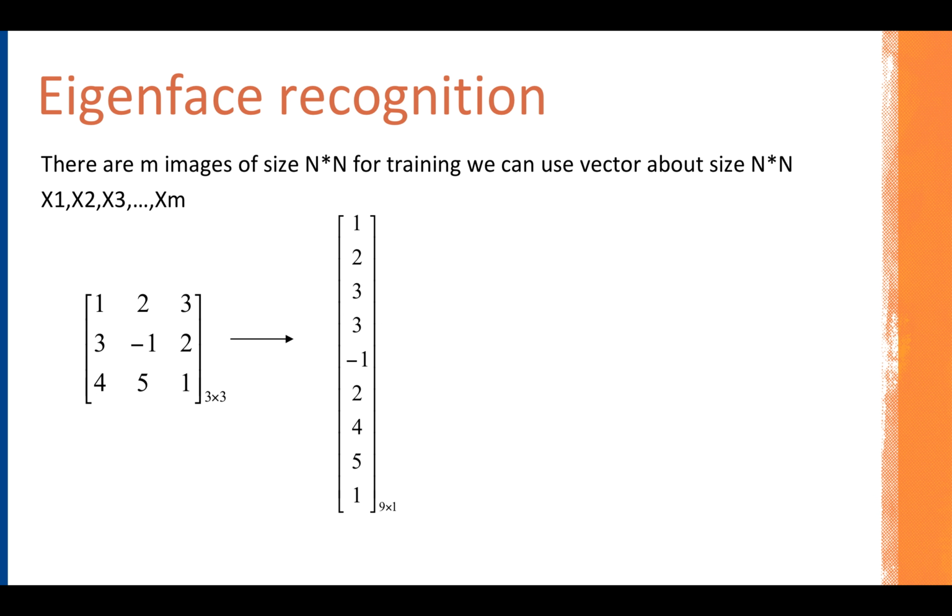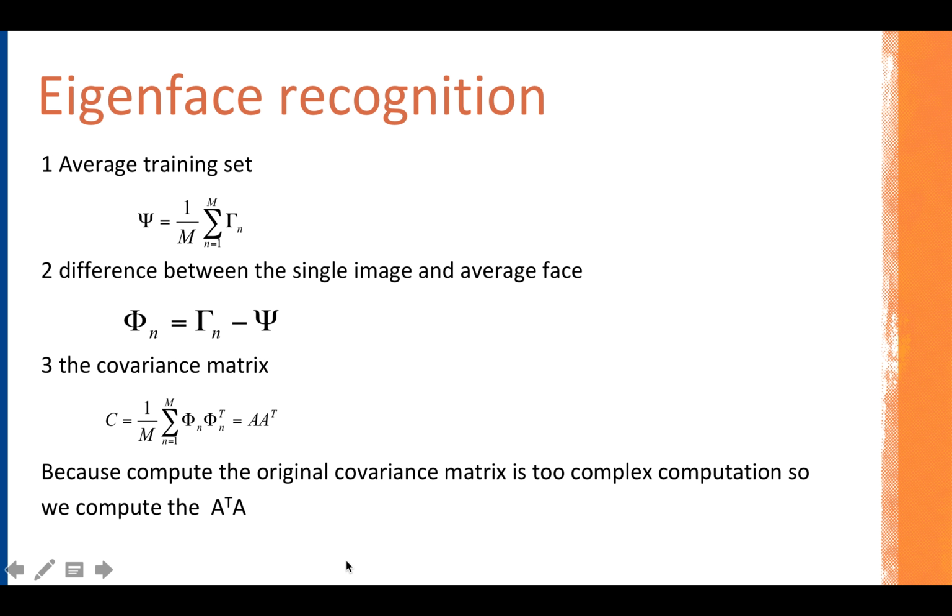If there are M images of size N by N for training, we can use vectors of size N squared, and M of them, just like the picture shown here. From the first equation, we get the average face.